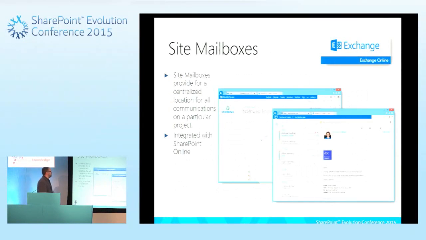At the same time, Exchange Online provides different features that go beyond the standard feature set you'd think of with Exchange. One of those features is a concept called site mailboxes, which is an integration tool between Exchange and SharePoint. This is something you could do on premises, but you would need both Exchange 2013 and SharePoint 2013 together on premises, and there's a fairly complex setup.